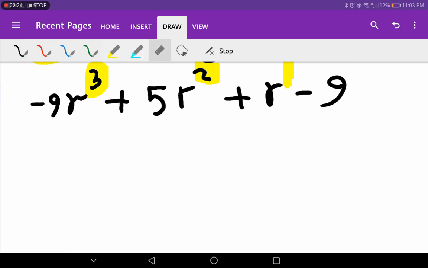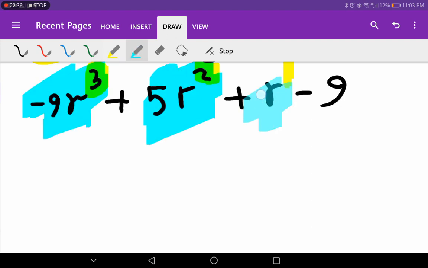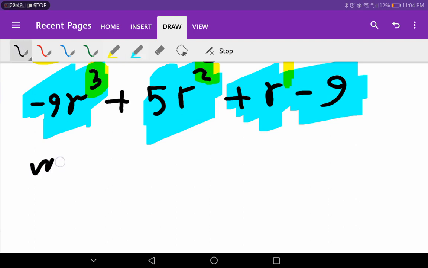Okay. Now let me ask you a question. How many terms do we have here? It is 1, 2, 3, 4 terms. It is 4 terms. What do we call this? It is not a monomial.